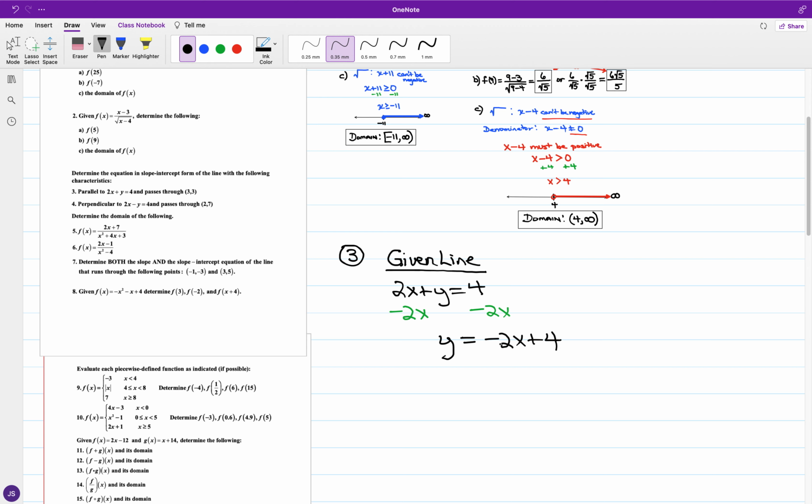From y is equal to mx plus b, the m value is going to be negative 2. And parallel lines are going to have the same slope. And looking for the slope-intercept equation for the parallel line.